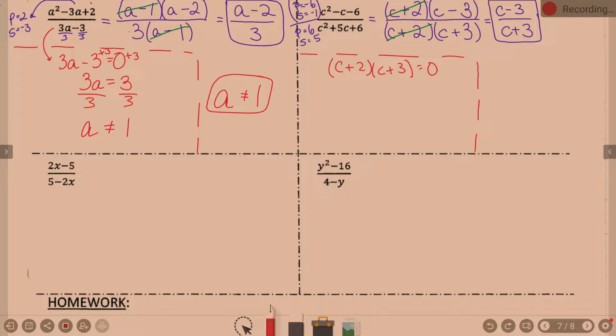You guys might have even already skipped and already separated them out. Okay, so set each part equal to 0. C plus 2 equals 0. C plus 3 equals 0. If it's C plus 2, I'm subtracting 2. If it's C plus 3, I'm subtracting 3.